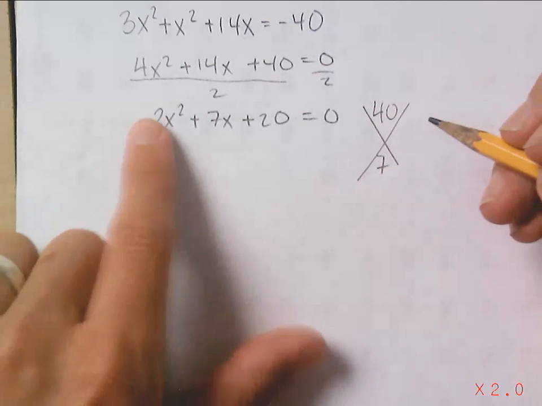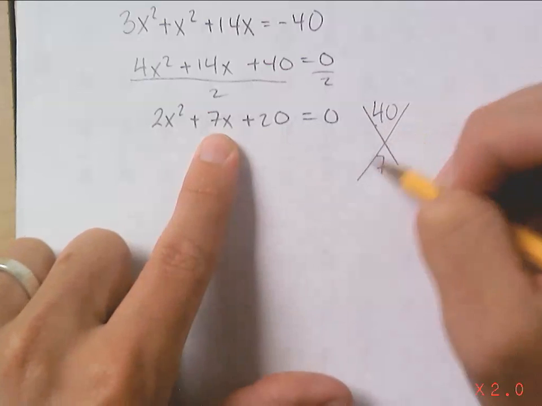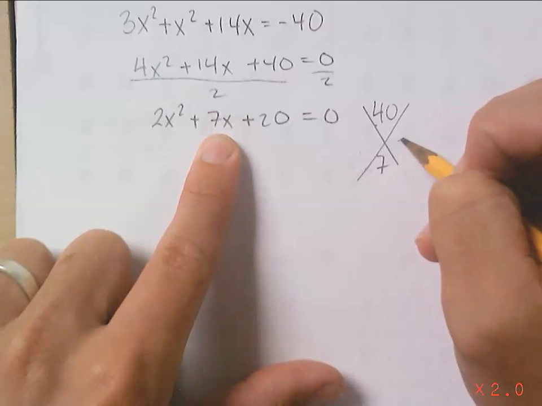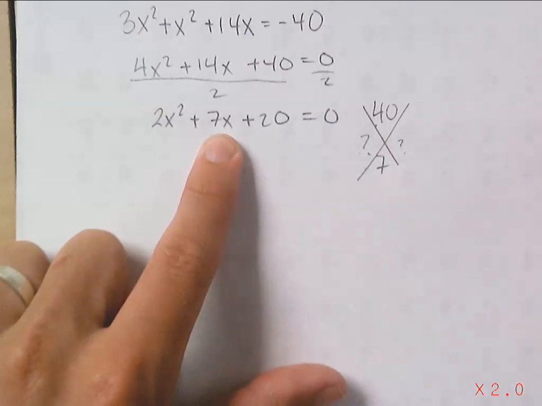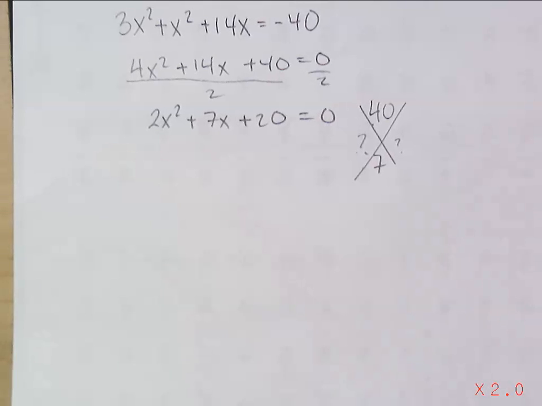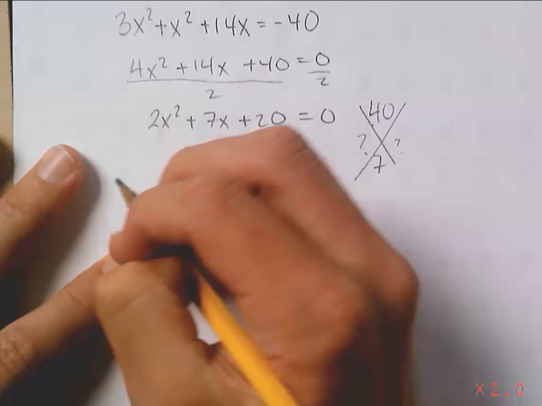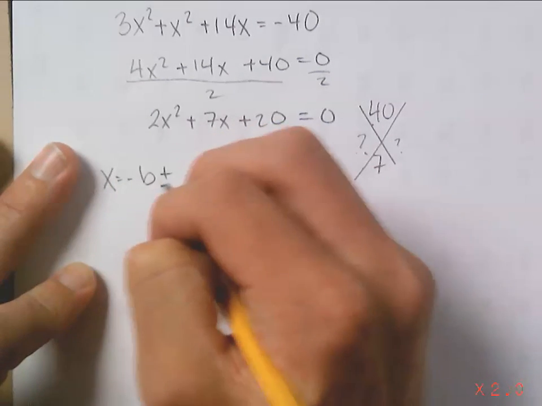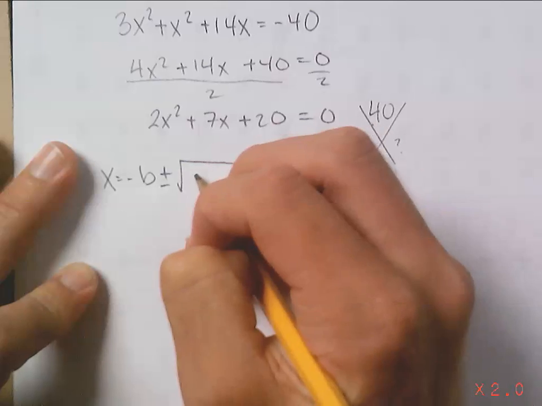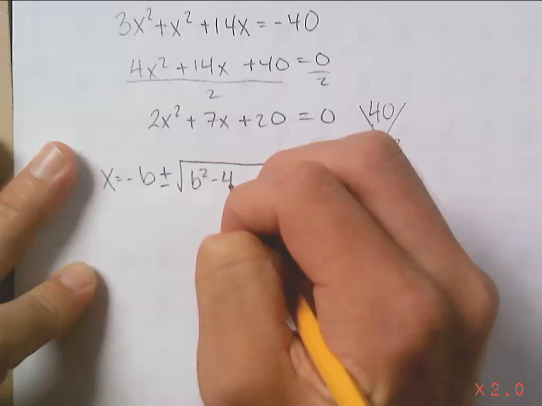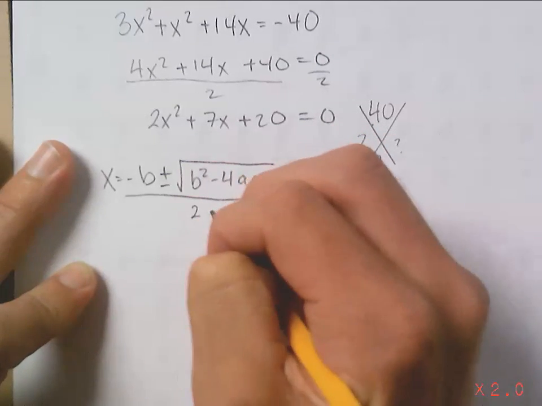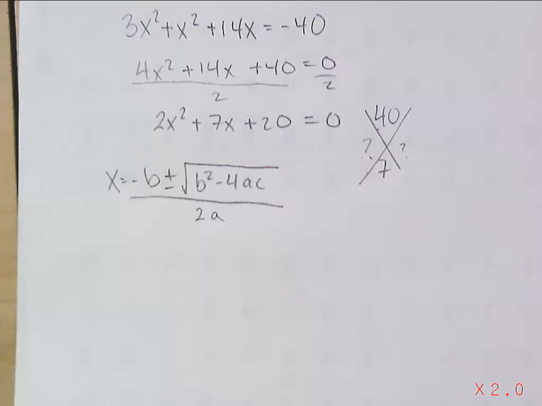Okay. Well, what we've got to do is go ahead and set the two small segments equal to the large segment. So we're going to get 3x squared plus x squared plus 14x equals negative 40. We're going to move everything over here, and when we do that, we'll be really happy to get this into a quadratic equation.